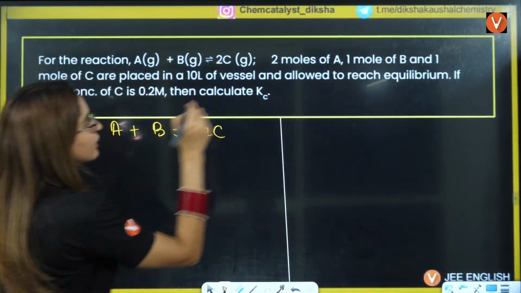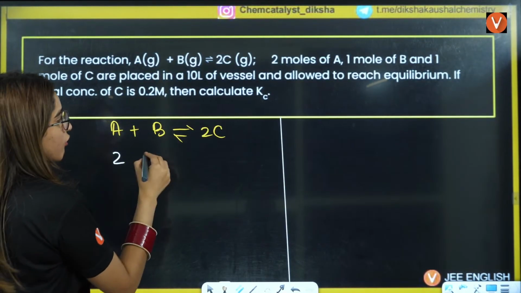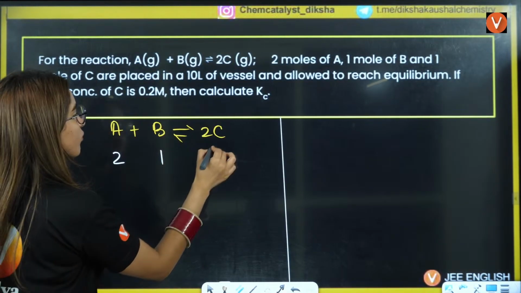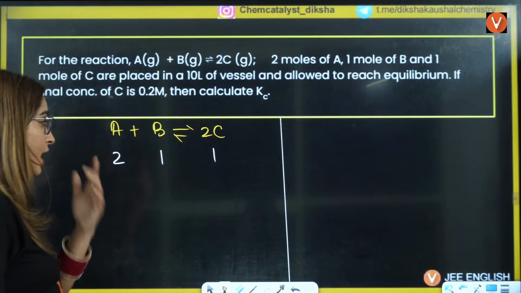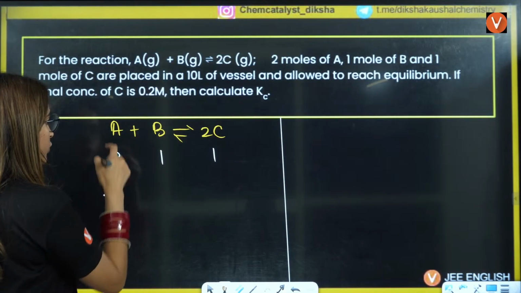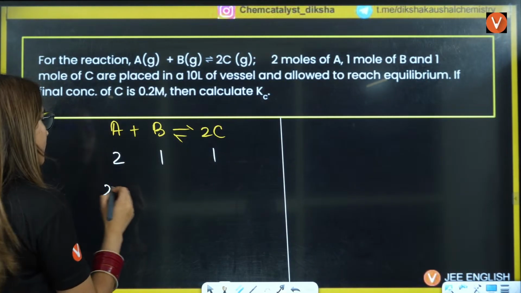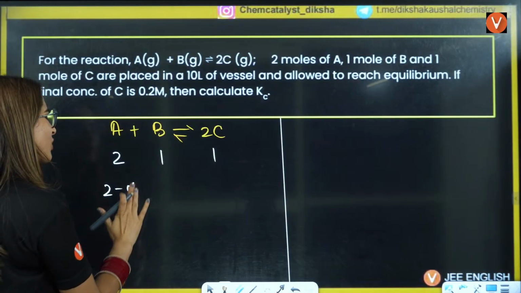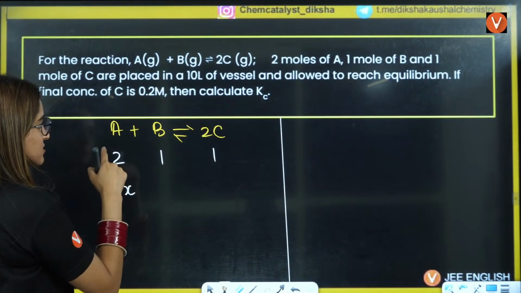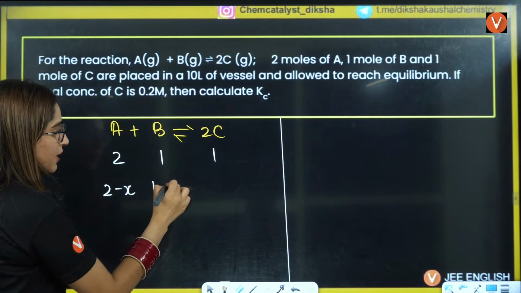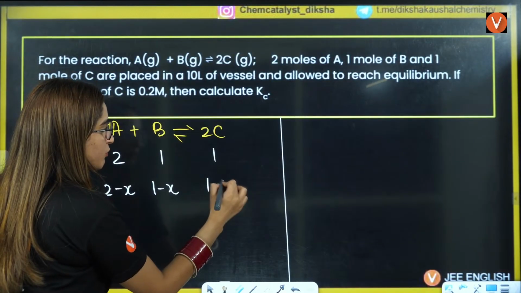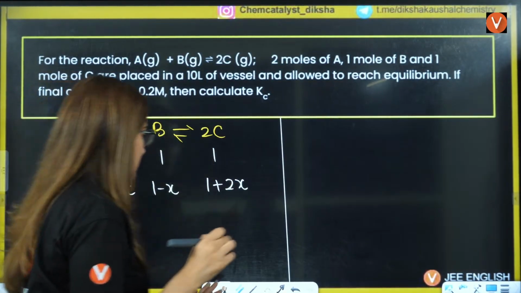Initially, they are saying 2 moles of A, 1 mole of B, and 1 mole of C you have, right? At equilibrium, you will have 2 minus alpha, or you can say X, okay? So this is 1 minus X. What amount will be formed? 1 plus 2X will be formed.